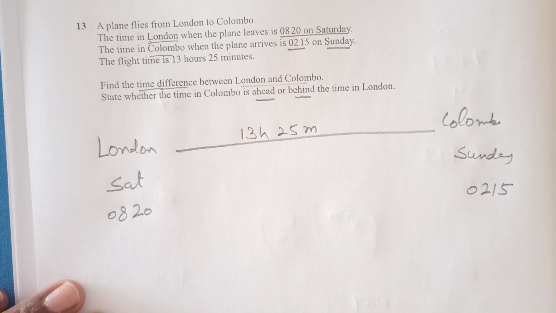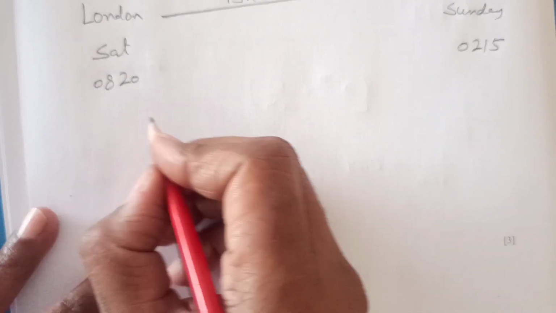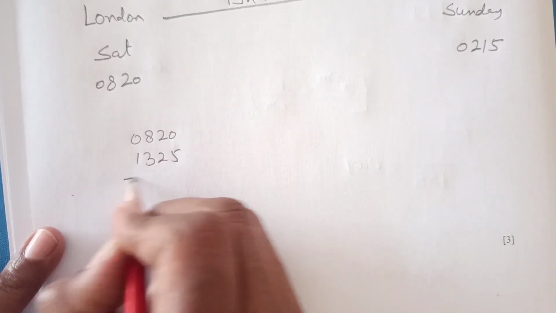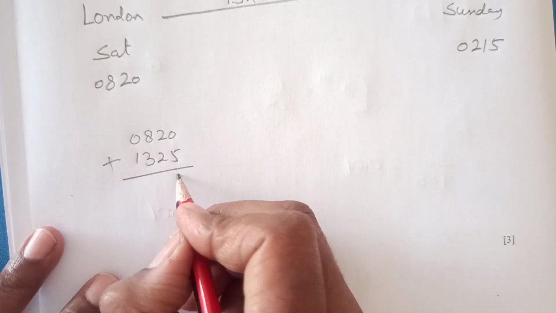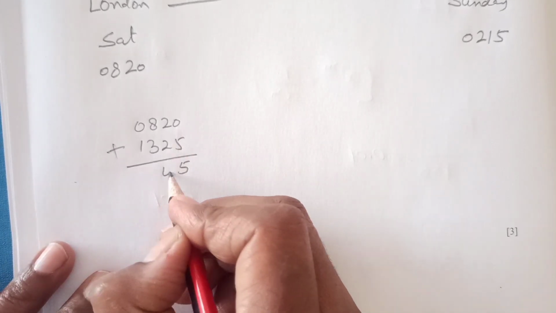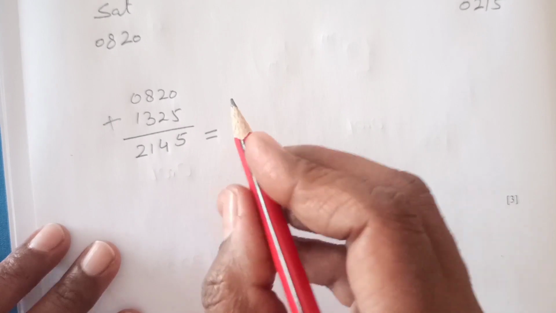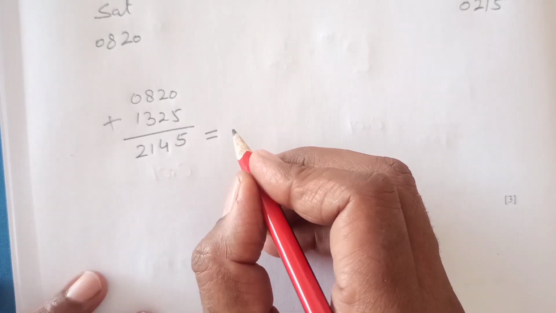So 8:20 is starting from here and after 13:25 hours it will reach there. So this is 21:45, which is equivalent to 9:45 in the evening, right?